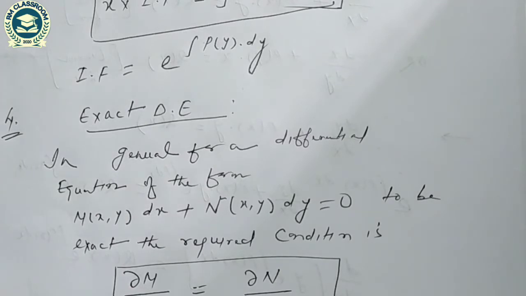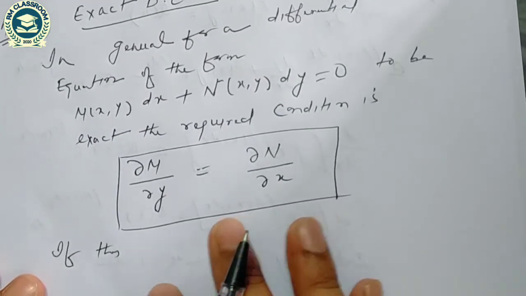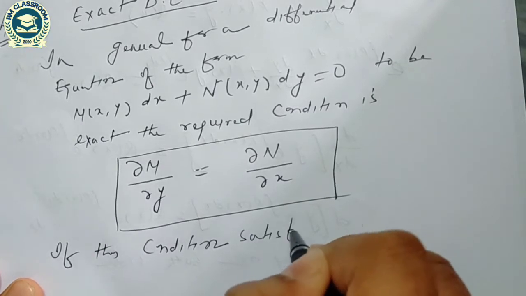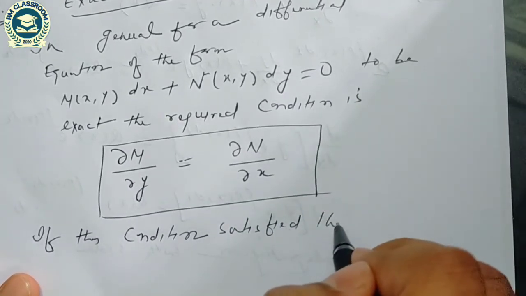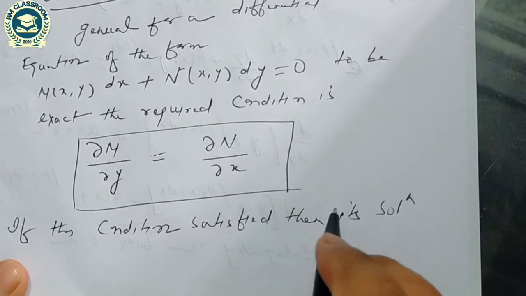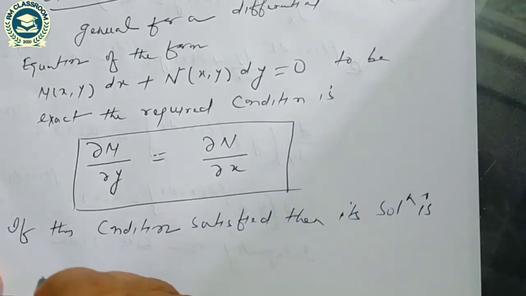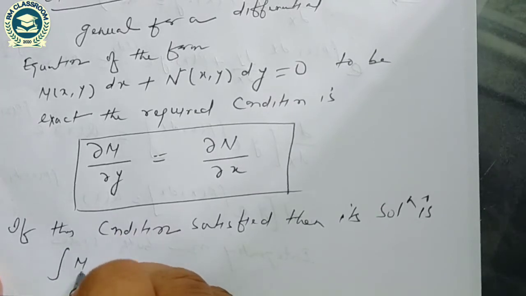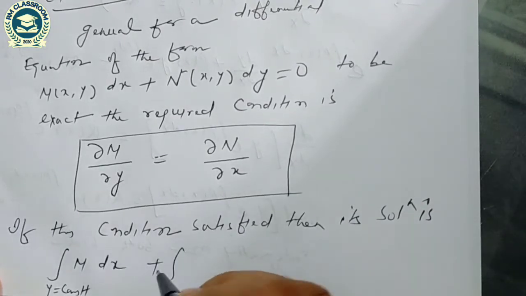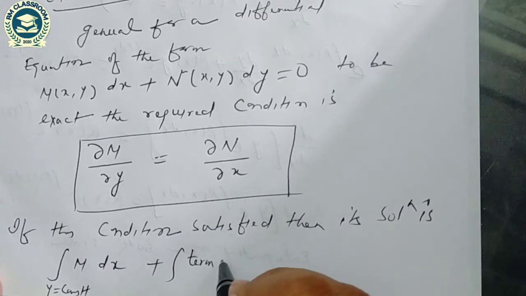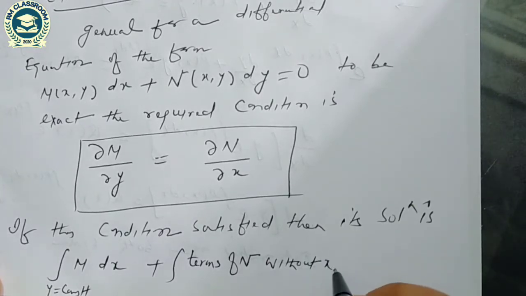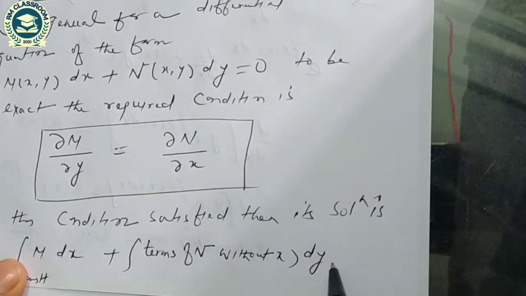If this condition is satisfied, then its solution is: integral of M dx, where you have to assume y as constant, plus the integral of the terms of N without x into dy is equal to a constant.